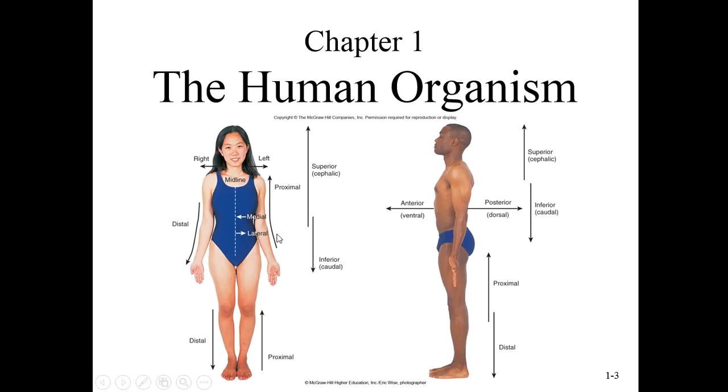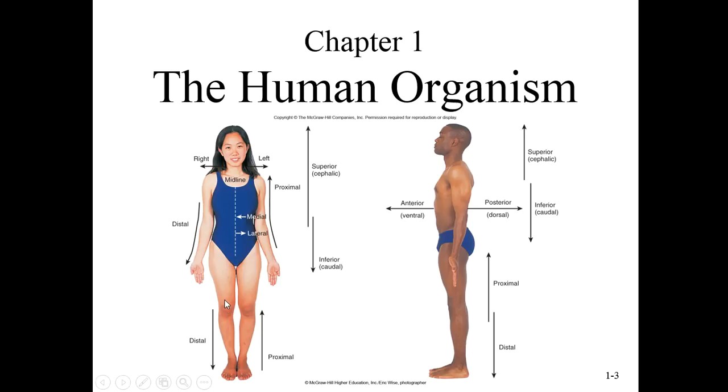In the limbs in particular, we can see here the elbow is closer to the point of attachment than the wrist is. So we can skip most of those words and just say the elbow is proximal to the wrist. Vice versa, because the wrist is further away from the point of attachment relative to the elbow, we would say that the wrist is distal to the elbow.